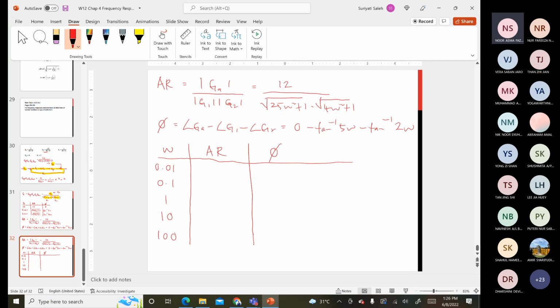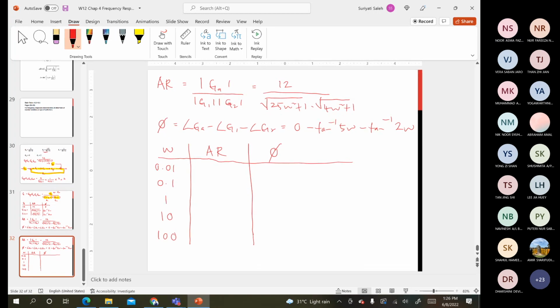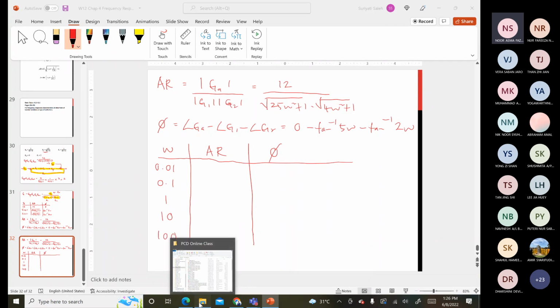So this is your homework for today's class. Try to calculate the AR at different values of omega: 0.01, 0.1, 1, 10, and 100. And one more thing, I will give you the Bode diagram.